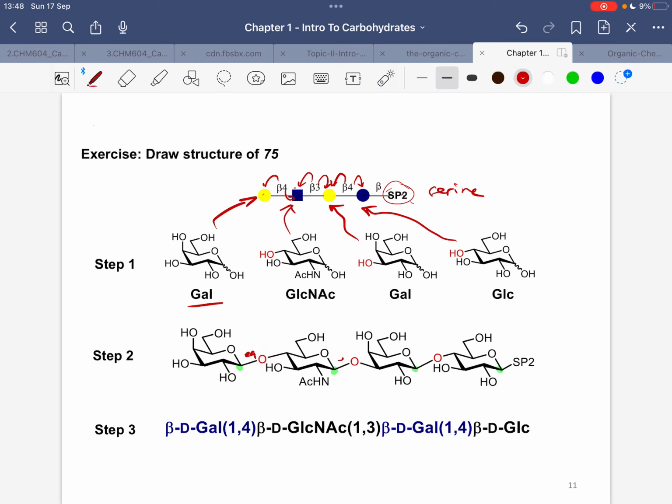And this is equatorial, this is equatorial. So that's why it's beta, beta, beta. And also beta here, because it is equatorial. 1, 2, 3, 4, 1, 2, 3, 4, 1, 2, 3, 4, 1. Okay. So that's why it's beta 4, because beta relative to this non-reducing sugar unit, 1 to 4 linkage.